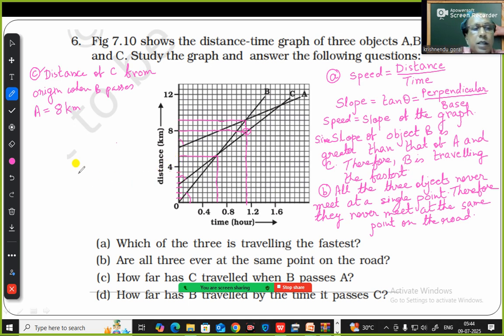That means 7 divisions equal 4, therefore one division is equal to 4 by 7.